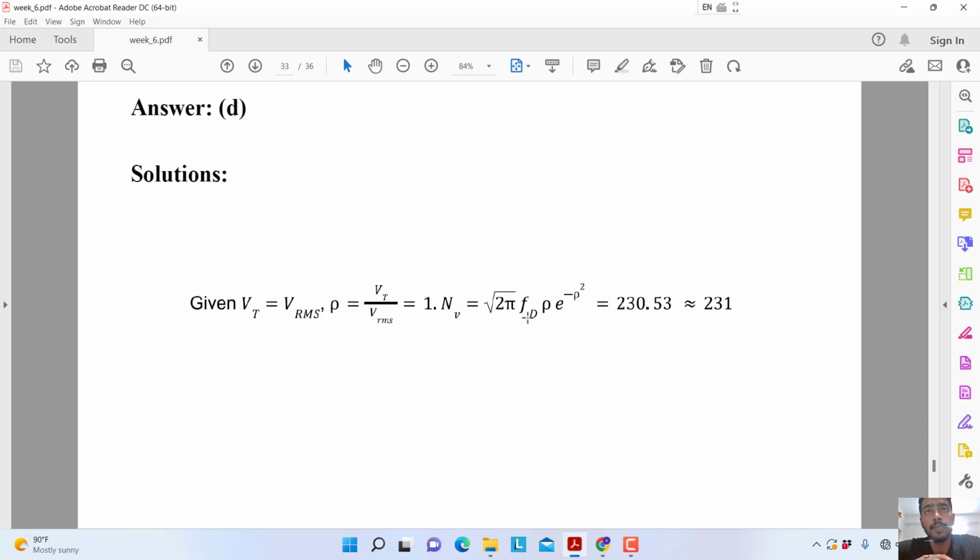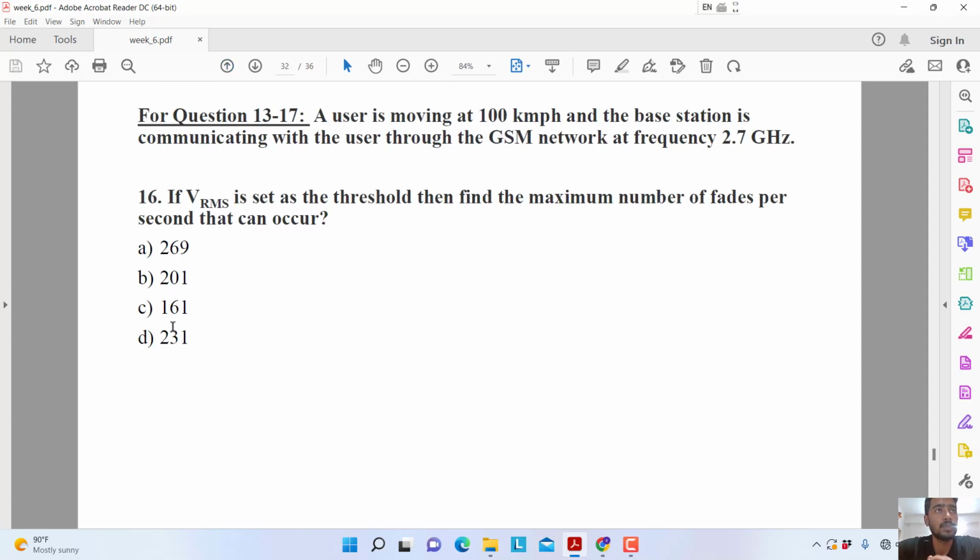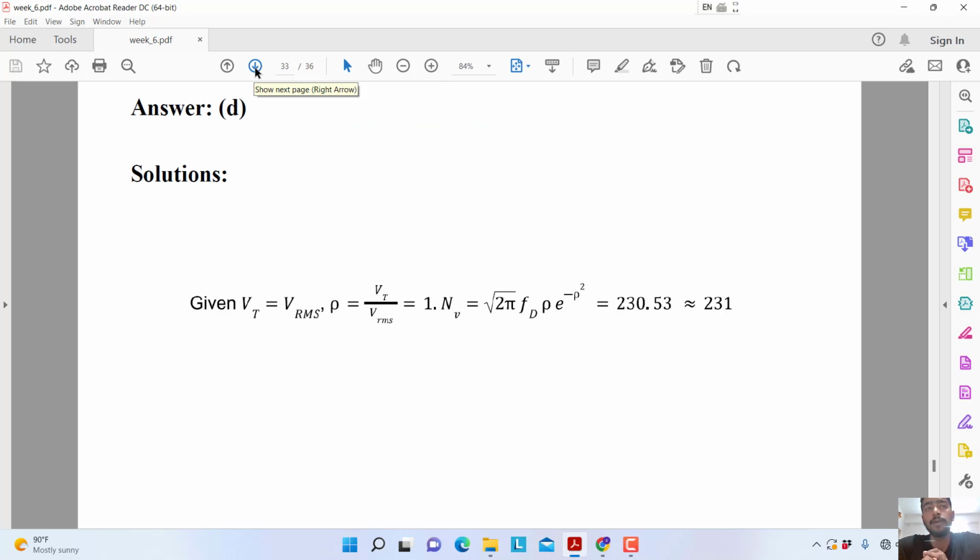Just put the values of FD and rho in the calculator. FD is already calculated in question number 13. Rho is 1. Simply put the values and it comes to 231. So option D is the right one. Okay, if anyone has a doubt, they can ask.